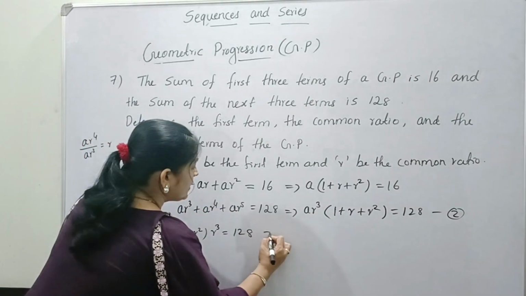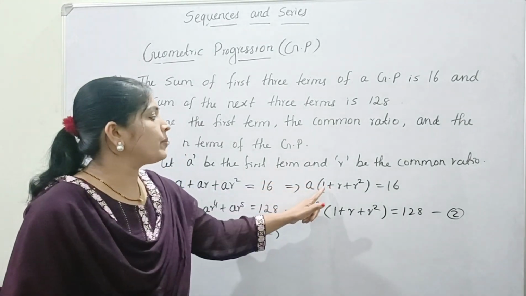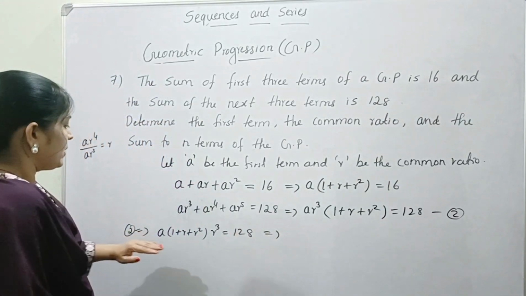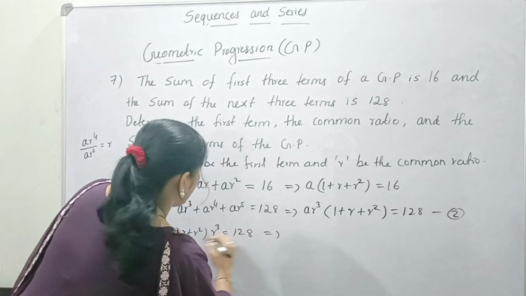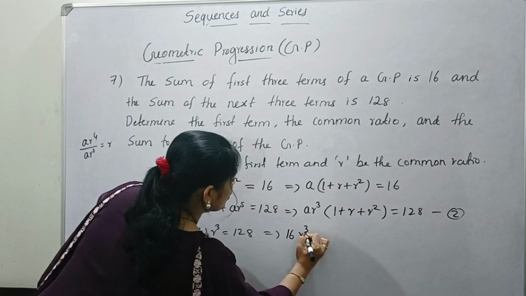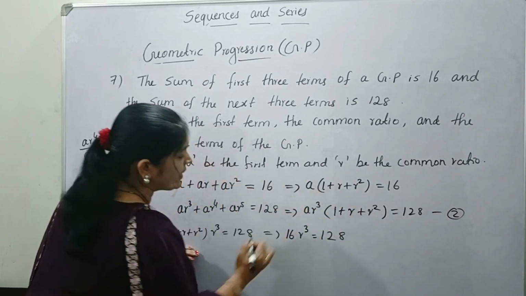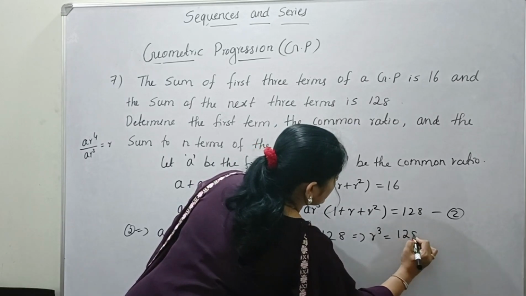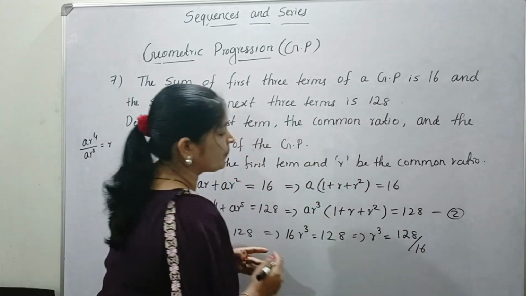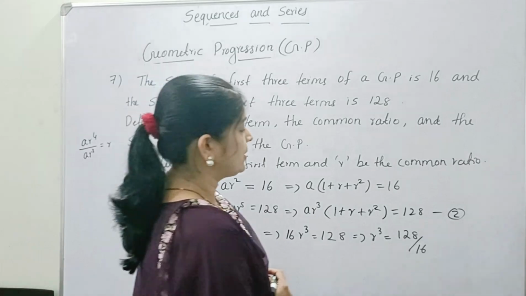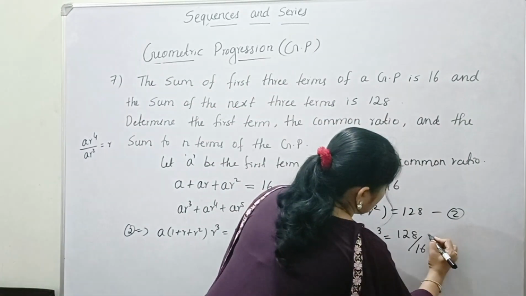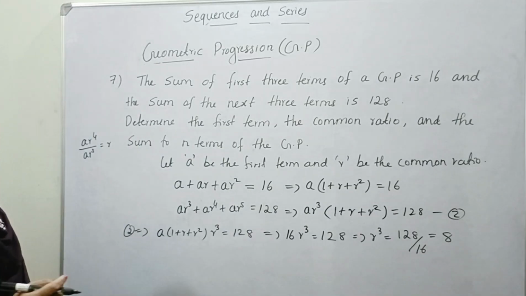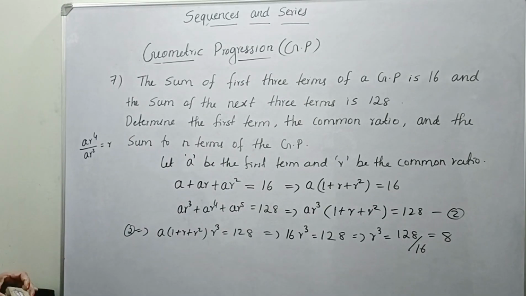Here a into 1 plus r plus r square is nothing but 16. So 16 r cube is equal to 128, which implies r cube is equal to 128 divided by 16, that is 8.